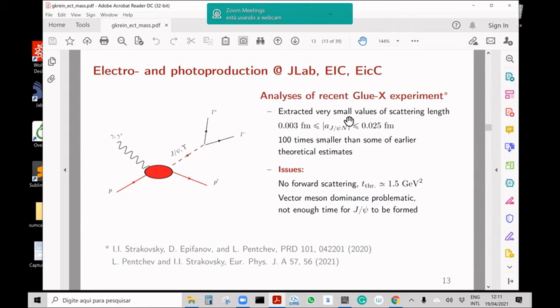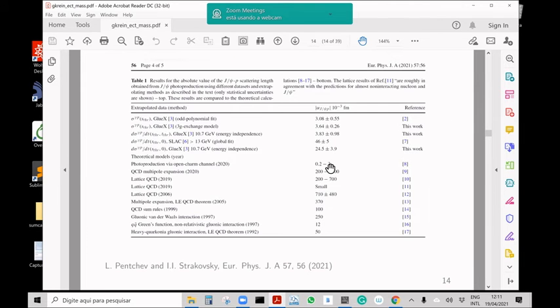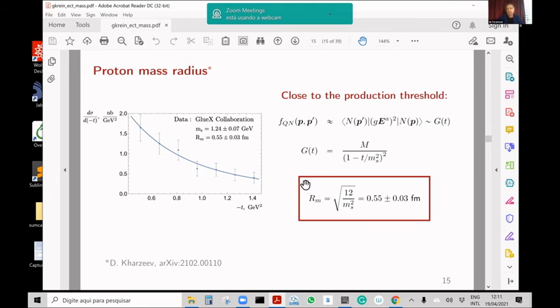Okay, the German next, please. Yes, Gastao, very nice talk. And this is extremely puzzling, this so small scattering length, 100 times what was estimated.